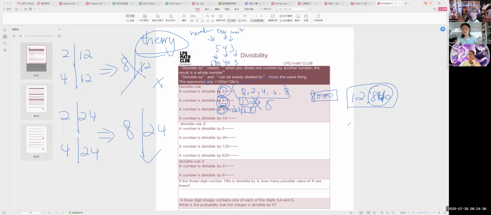Okay, so now I give you another example. If a number is divisible by 3 and a number is divisible by 7, I can say this number is divisible by 21. Is it right or wrong? I want you to think about it and tell me.